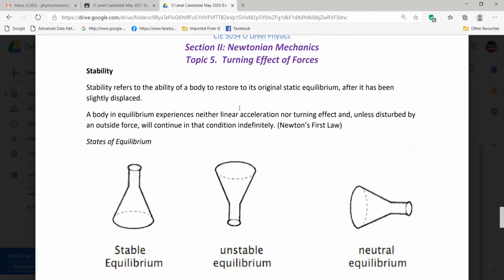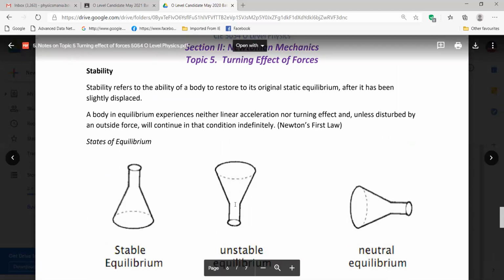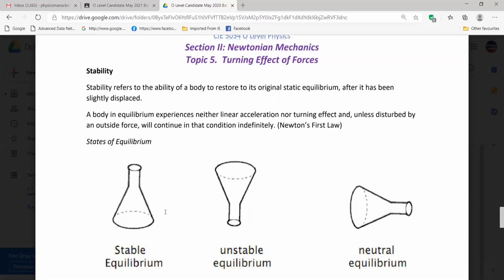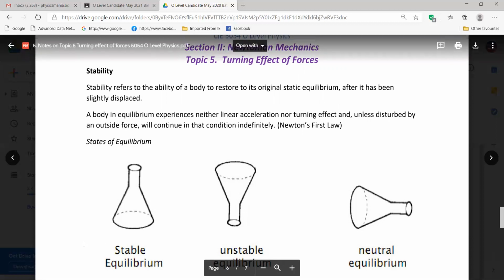Now the last thing is stability. Look, we showed here three positions of the same object, right? And you see the first one, its base area is bigger, that's why it is very much stable.